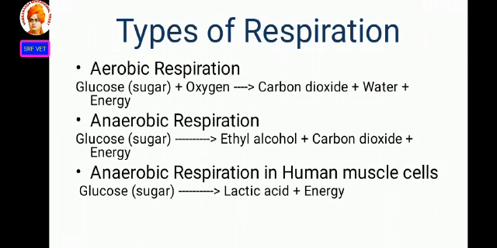All animals and plants carry out aerobic respiration. Here is the equation: glucose, that means sugar, plus oxygen produces carbon dioxide plus water and energy. This is the equation for aerobic respiration.